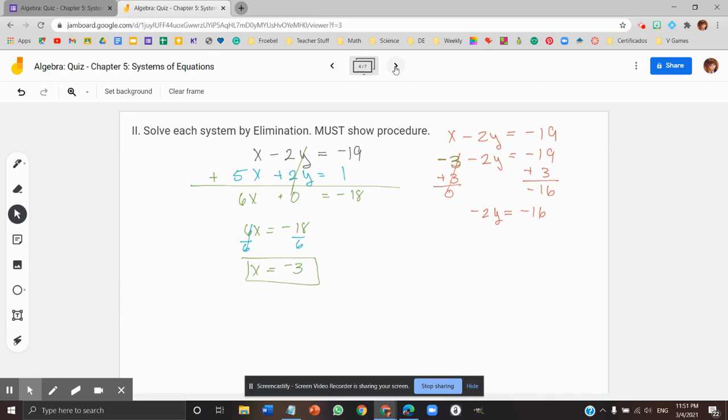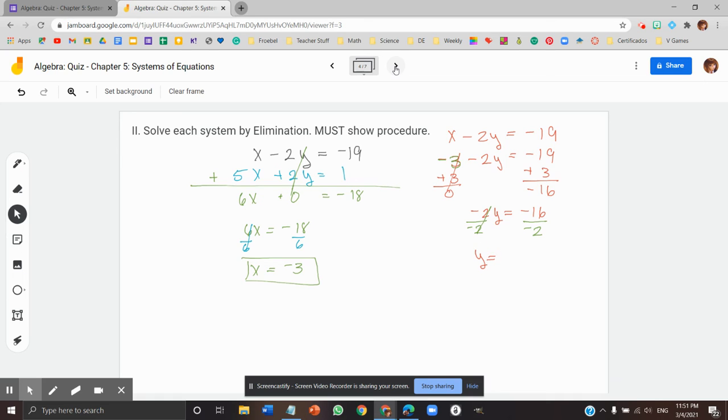How can I get rid of that 2? Well, it's being multiplied by that y, so I'm going to divide. I'm going to have to divide to get rid of that 2. So I'm going to divide by negative 2, and if I do this on one side, I have to do it on the other one. On my left side, I'm going to be left with y.